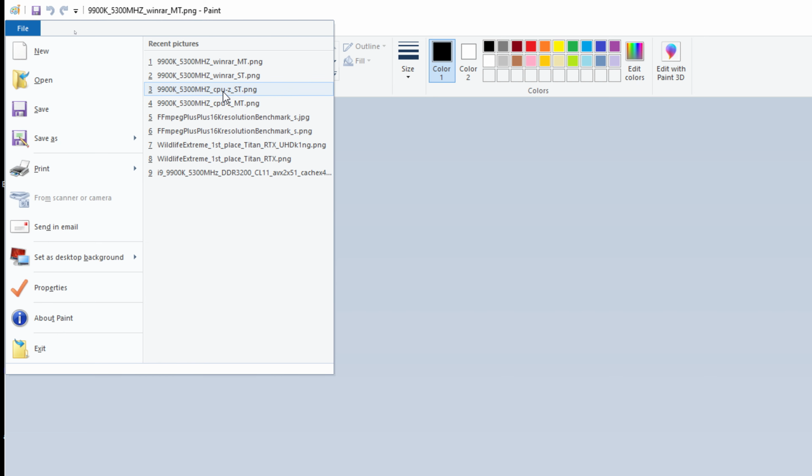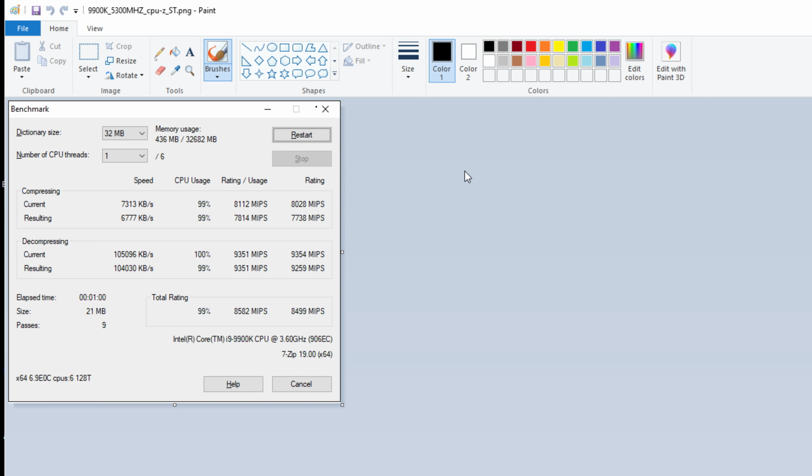And this is going to be the single thread performance in CPU-Z. Okay, the compressing speed will be 7,313 points, and the decompressing will be 105,096 kilobytes per second.